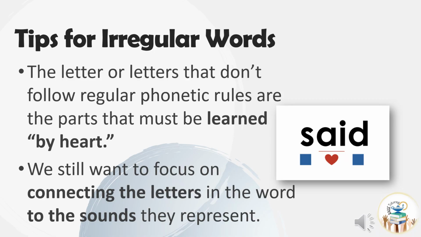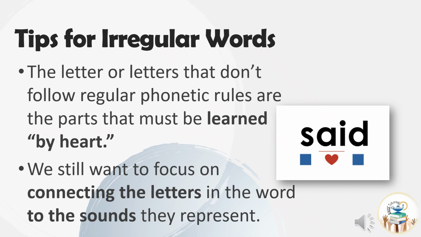So we really need to help them to notice what they're hearing and how that matches what they're seeing. So for example, in the word said, we hear the "eh" sound, said, and we would point out that the sound is being spelled by AI. That's the part that we have to know by heart, because we wouldn't expect AI to spell the short E sound, but that's how it is represented in the word said.